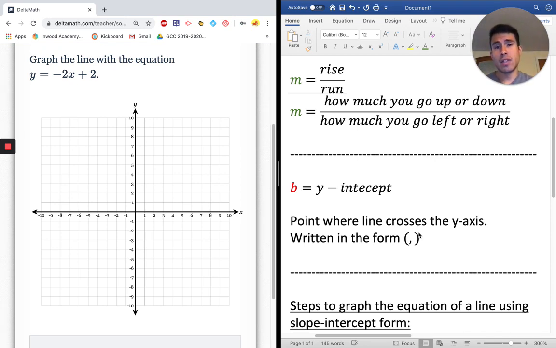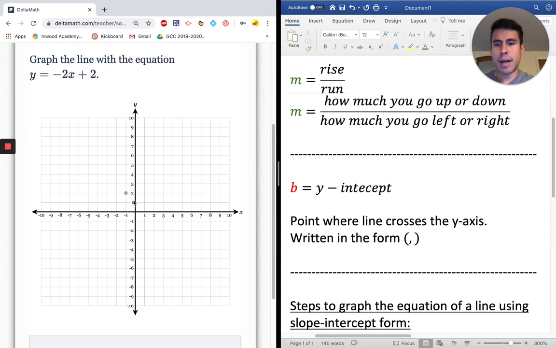Now, this is very easy. All right, we know that the y-intercept is the point where the line crosses the y-axis, so that means it's going to be somewhere along this y-axis right here. I'm on the left side of my screen, and I'm tracing the bold black arrow. That's my y-axis throughout this whole point.